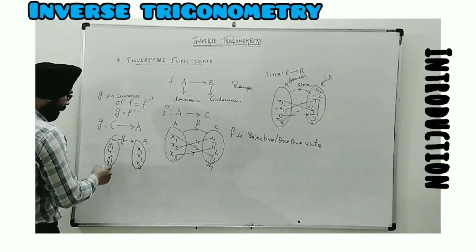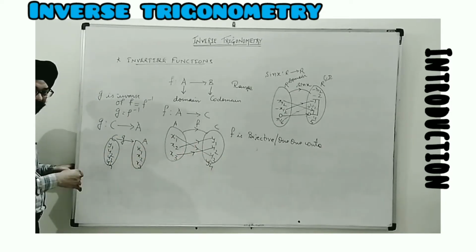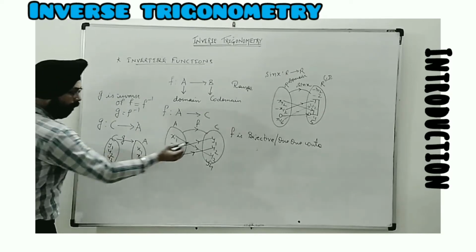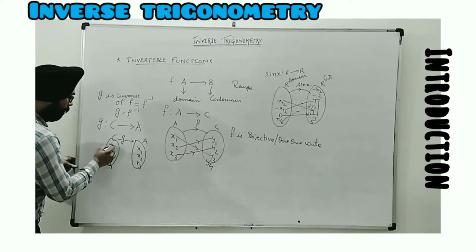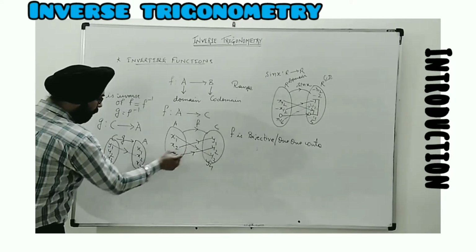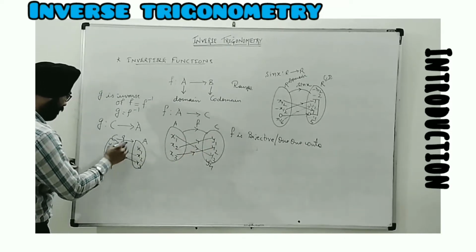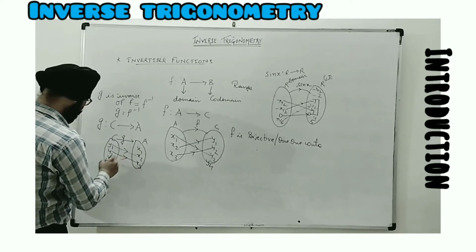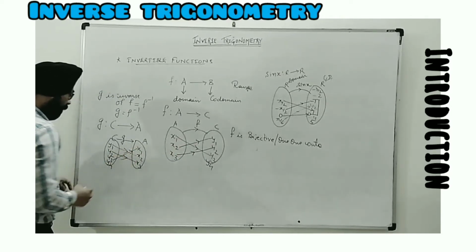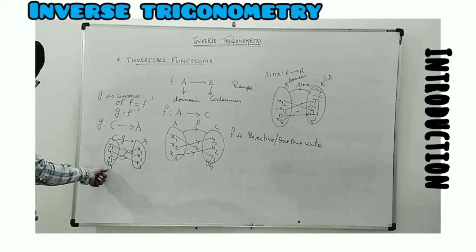The images become pre-images and pre-images turn into images. So y1 was related to x2, so the image of y1 is x2, the image of y2 will be x3, and y3 will be related to x1. Y4 is not the image of any element, so it remains as it is.